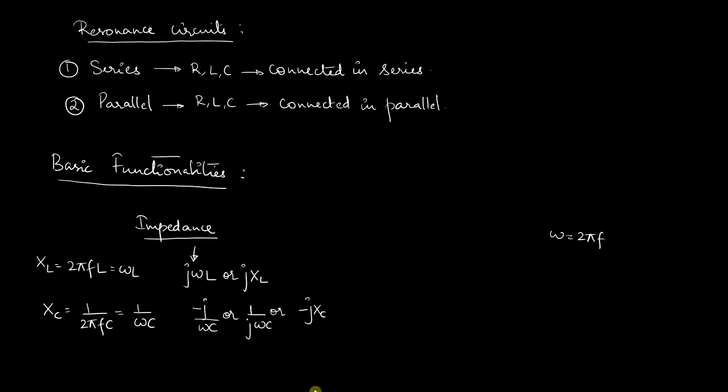Now when we are considering the circuit, whether series resonance or parallel resonance, we will be representing it in terms of the impedance, that is the parameter Z. This impedance Z, in terms of Ohm's law, can be given as V by I. This is the AC or phasor notation, and it is basically a complex number.